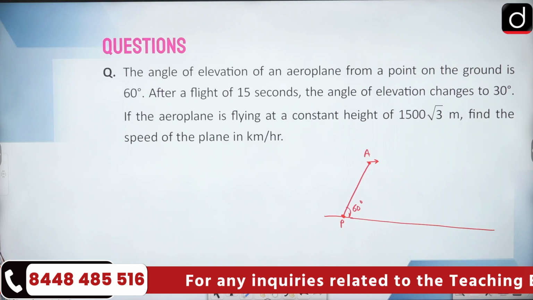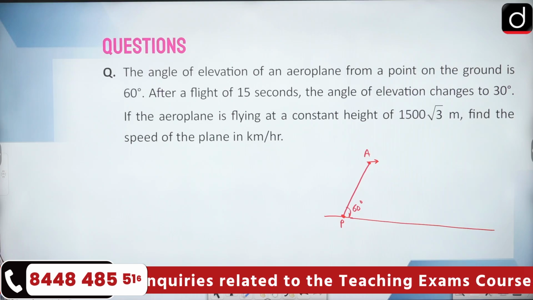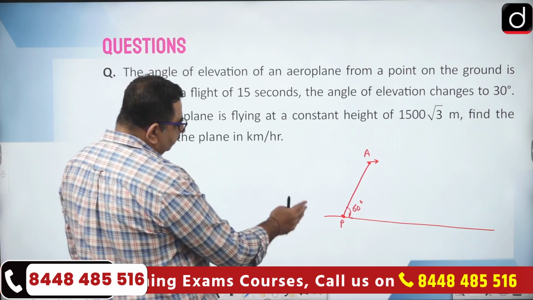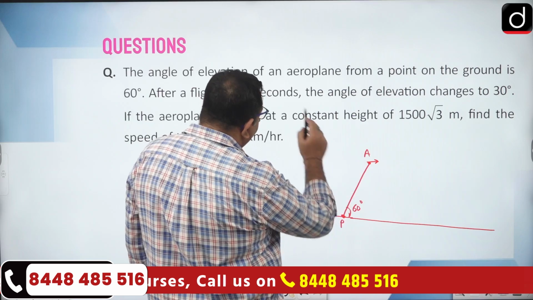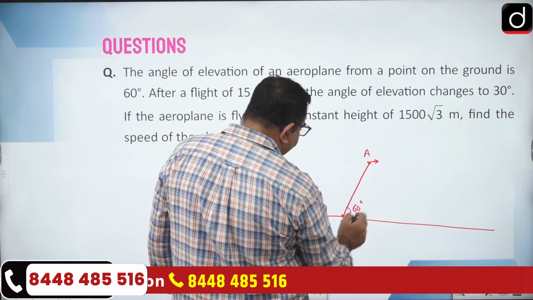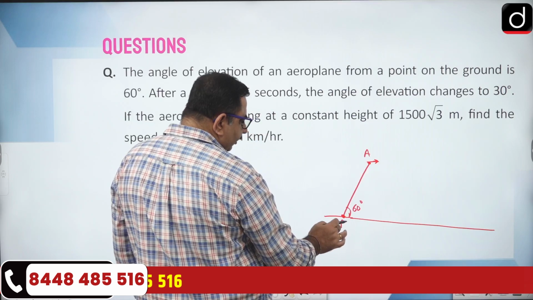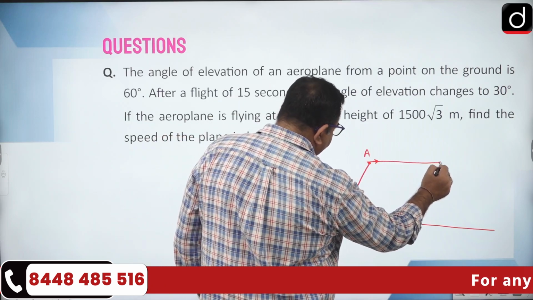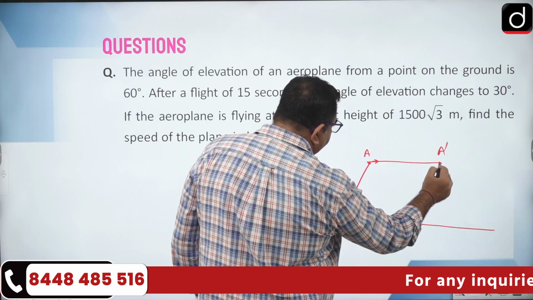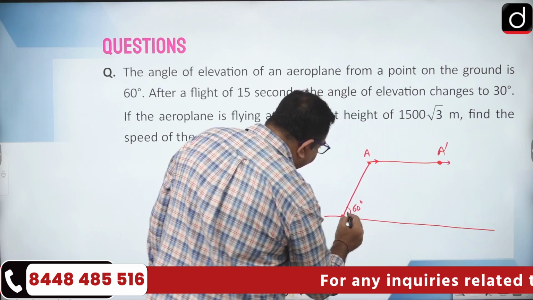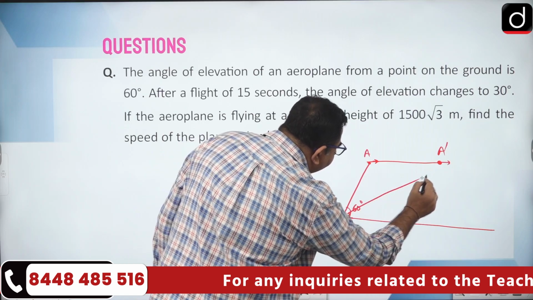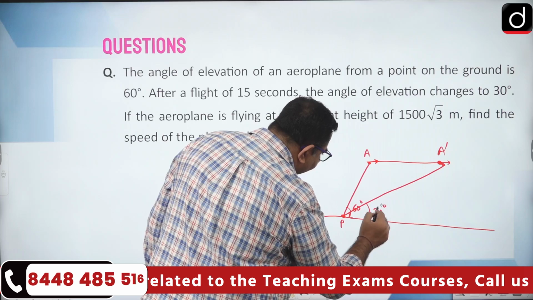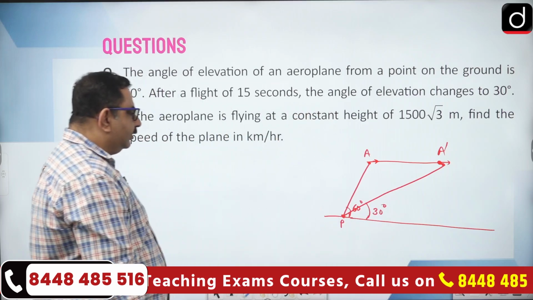Now after a flight of 15 seconds, the angle of elevation changes to 30 degree, right? So person is seeing the aeroplane. So after 15 seconds angle of elevation is reducing, right? So the aeroplane would be here. This is the new position of aeroplane, right? And the angle of elevation of this position is what now? 30 degree.